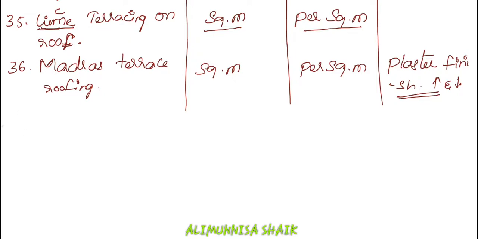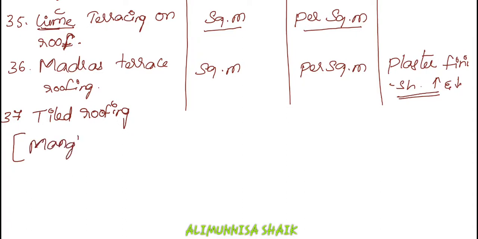The next item of work we are having is tiled roofing. Tiled roofing can be done with usage of Mangalore tiles or Allahabad tiles, and we have Raniganj tiles.